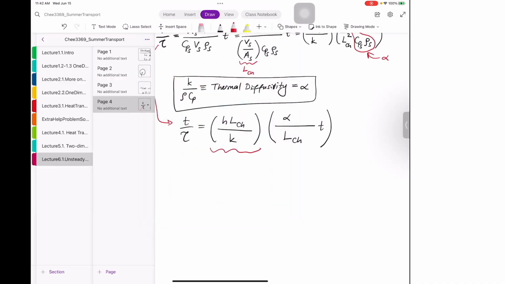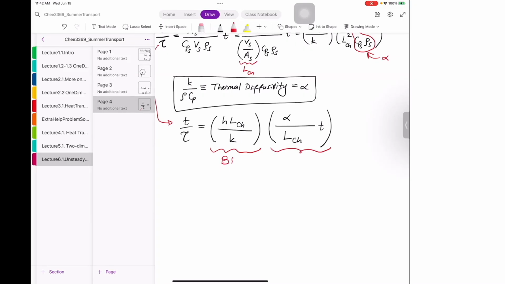So this one. What was the name of this number? We actually called it h R over k instead of h L characteristic over k, but doesn't matter. It's h times some length divided by conductivity. That's called, anybody who follows? The Biot number? The Biot number, excellent. So this is called the Biot number. And the second factor is something new.